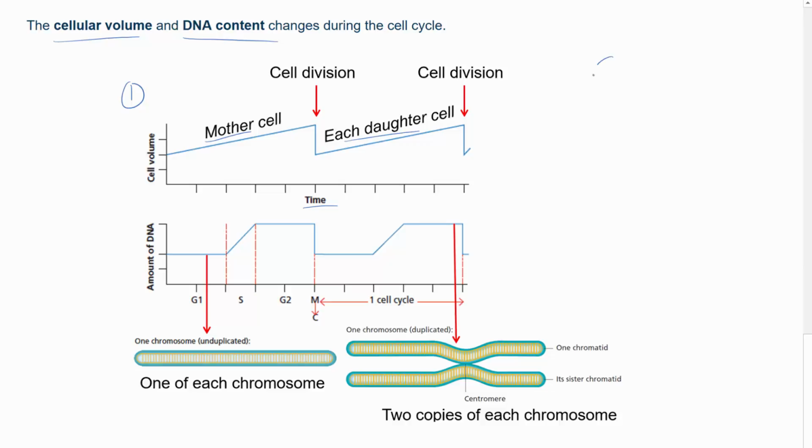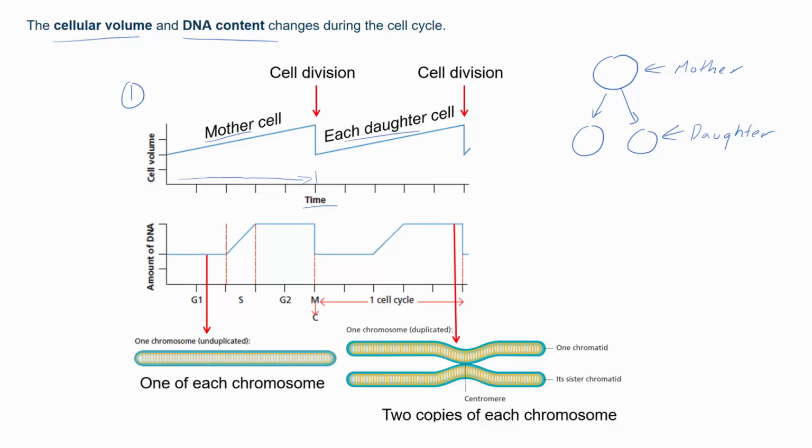What that means is that the original cell before cell division is the mother cell, and the cells that it divides into are referred to as the daughter cells. This period of time here represents one full cell cycle, from interphase through mitosis and then finally cytokinesis, where the mother cell divides into two daughter cells.